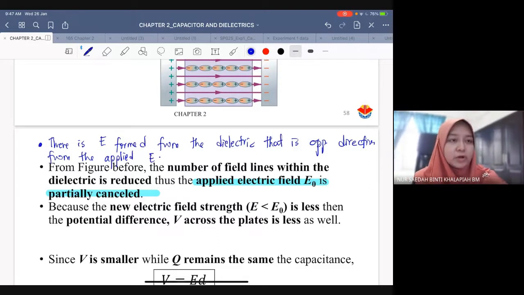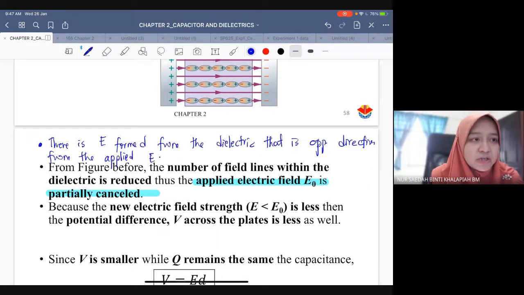Okay. So bila dielectrics kita dah oriented macam ni, akan ada satu electric field from dielectric itself that is opposite direction from the applied field kan?